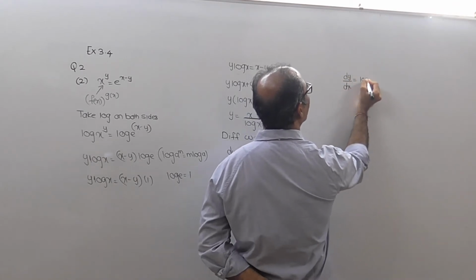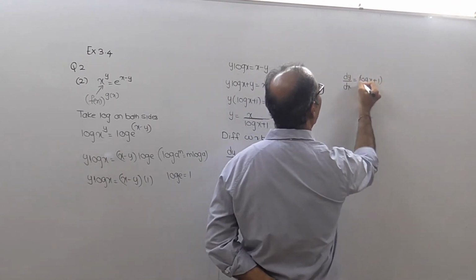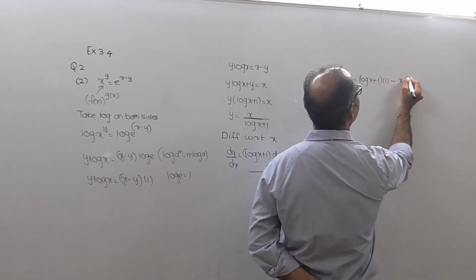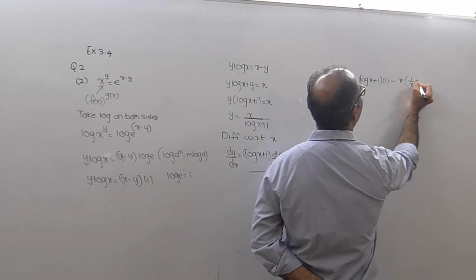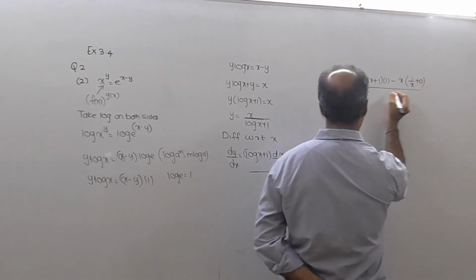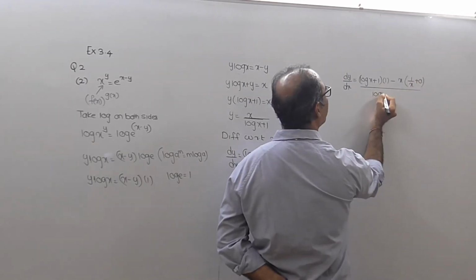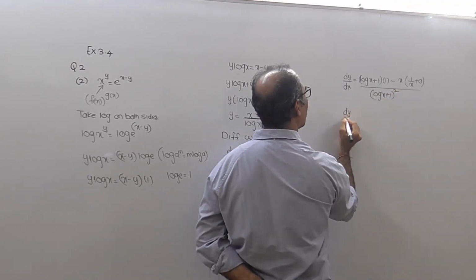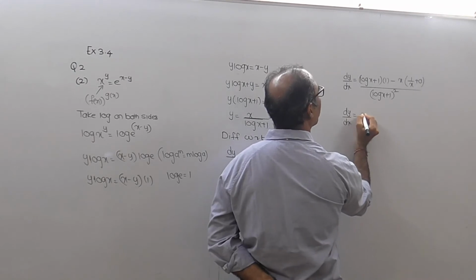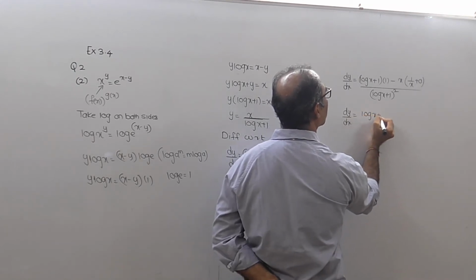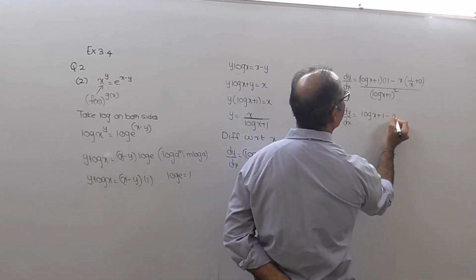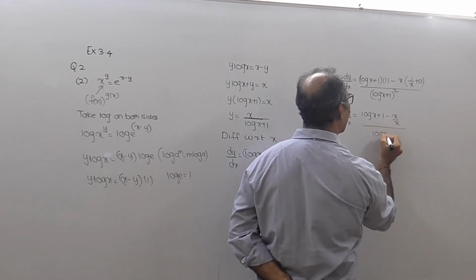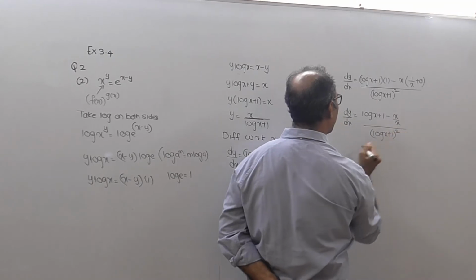dy by dx equal to log of x plus 1, derivative of x is 1, minus x, derivative of log x is 1 upon x, derivative of 1 is 0, the whole upon log x plus 1 the whole square. So you get dy by dx equal to log x plus 1 into 1 is log x plus 1, and this is x upon x, the whole upon log of x plus 1 the whole square.